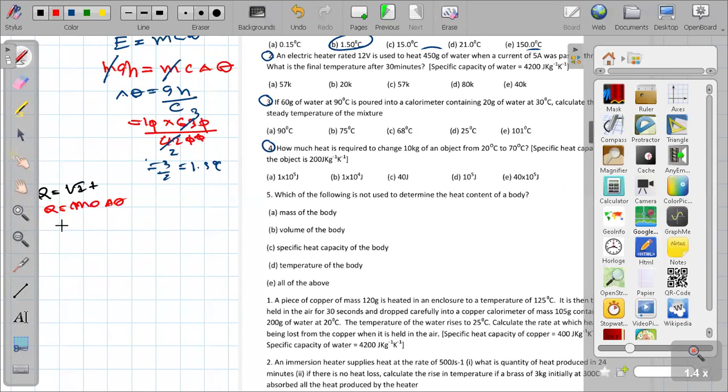Okay. Delta theta is equal to VIT over mc.